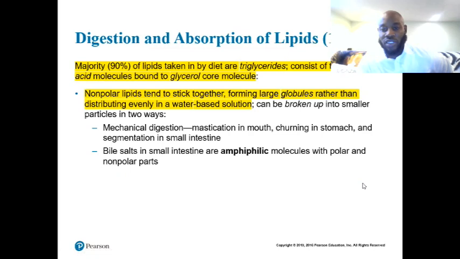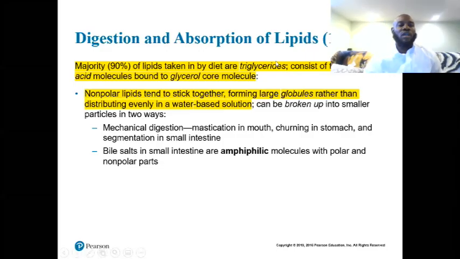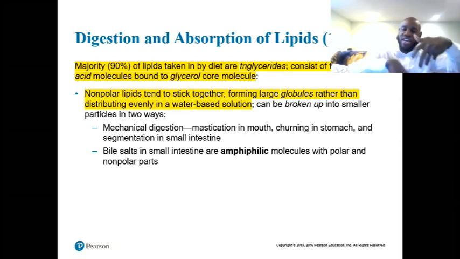Next, we have lipids. The majority of your lipids, 90%, are triglycerides. Remember glycerol with 3 fatty acid chains, triglyceride, remember that structure? You learned that in part 1 of this course.